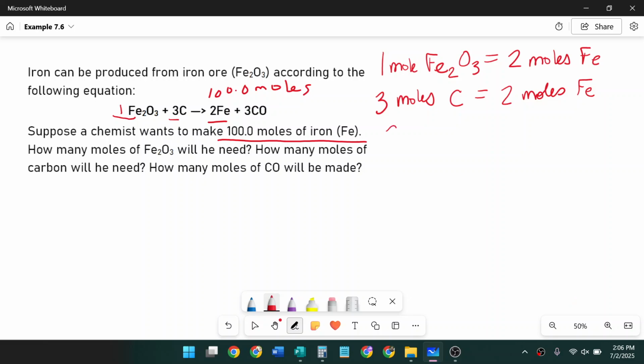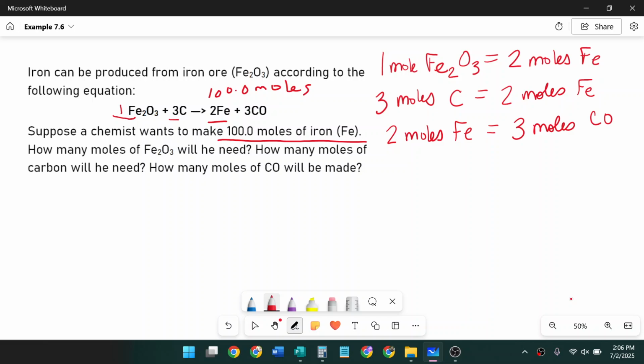And the last one is 2 moles Fe goes with 3 moles of CO. And notice that all 3 of these had the same Fe in them, because that's the amount they gave us, 100.0 moles of that. So everything else is going to be figured out by starting with that 100 moles.